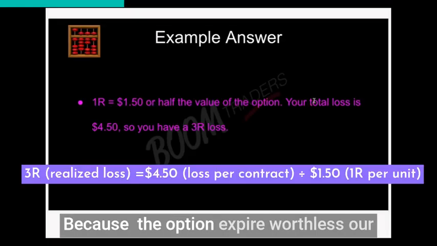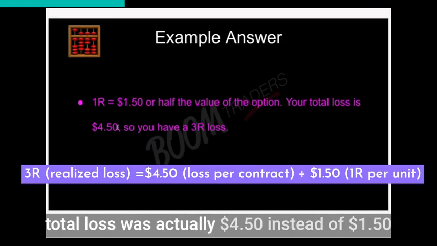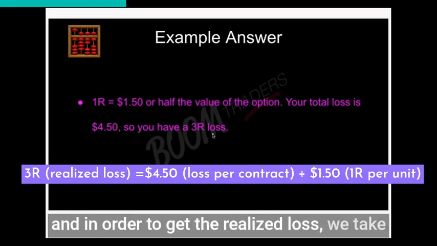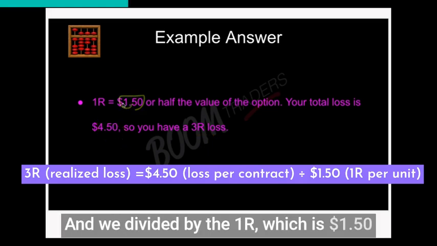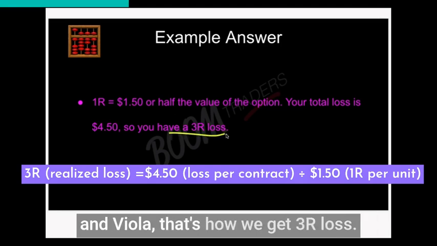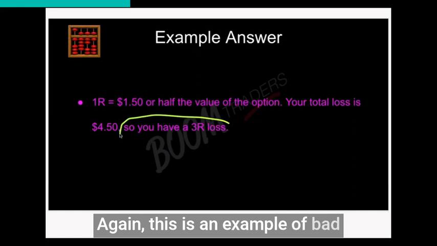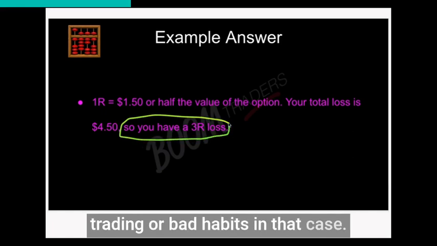Because the option expired worthless, our total loss was actually $450 instead of $150. And in order to get the realized loss, we take 450, which was the total loss per contract, and we divide it by the 1R, which is 150. And voila, that's how we get 3R loss. Again, this is an example of bad trading or bad habits in that case.